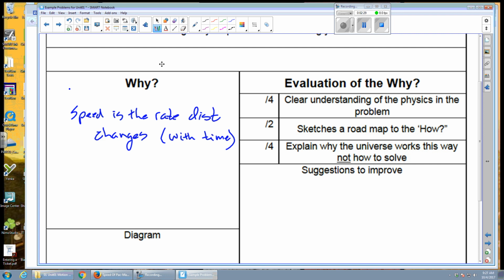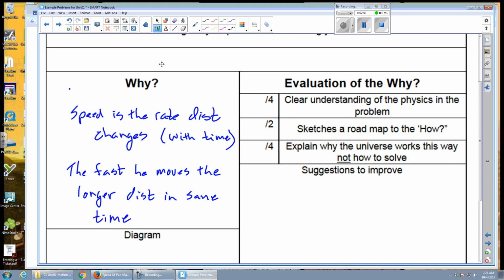One thing I think of is the faster he moves, the longer distance in the same time. I could also say, he'll cover the same distance in less time if he's moving faster or slower, but something just to bring it to the problem we're looking at.